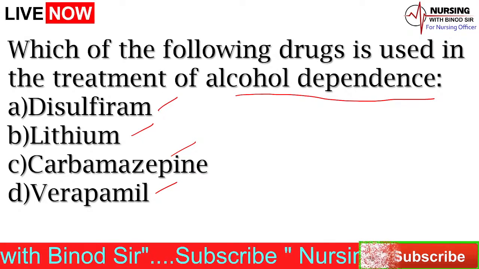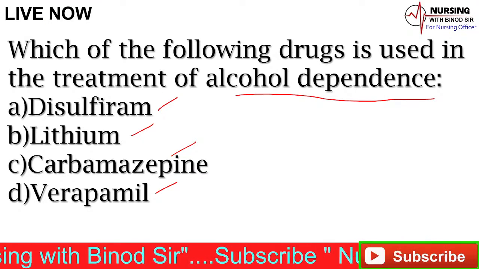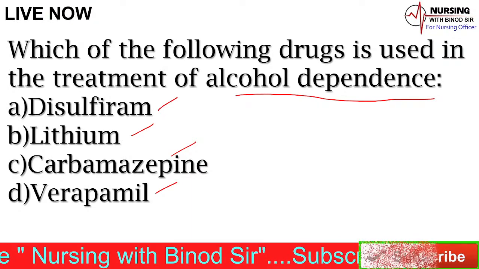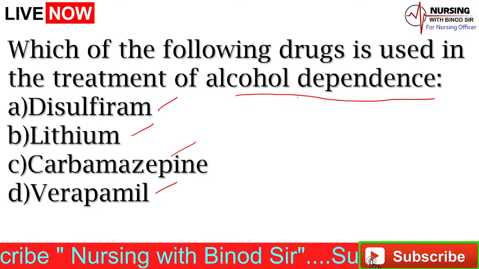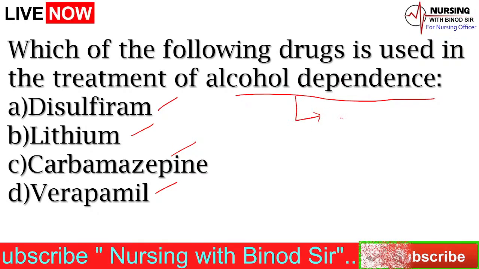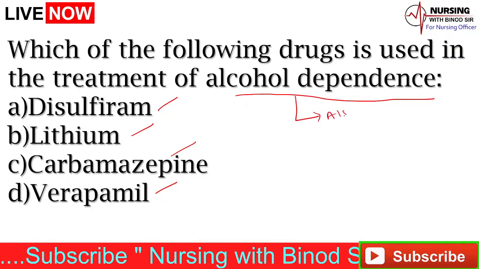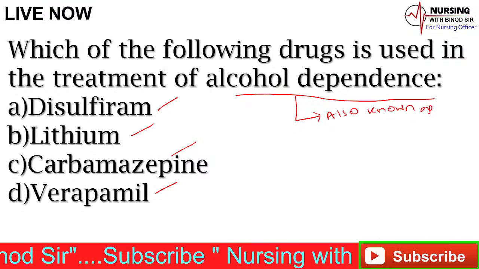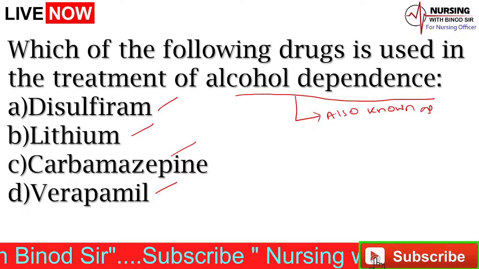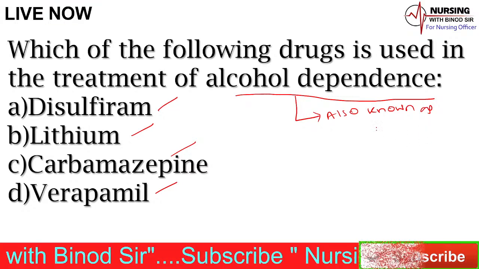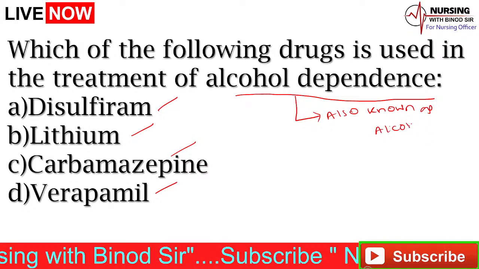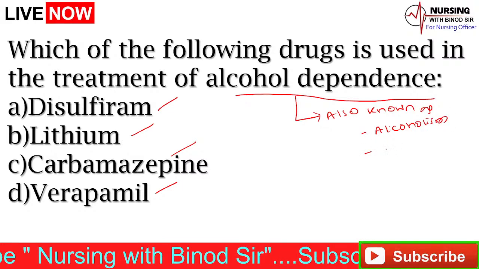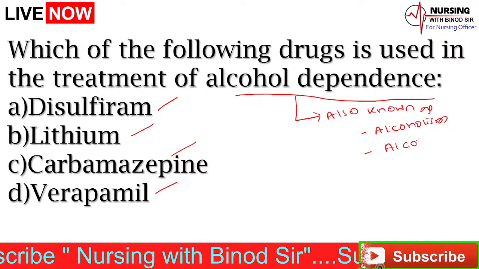Always remember here, alcohol dependence is also called alcohol use disorder. It means you will get more than one answer to this question. It is also known as alcoholism. Then what will you say?